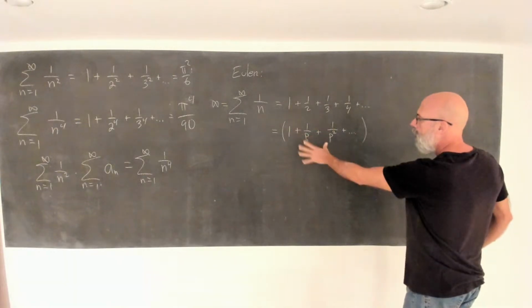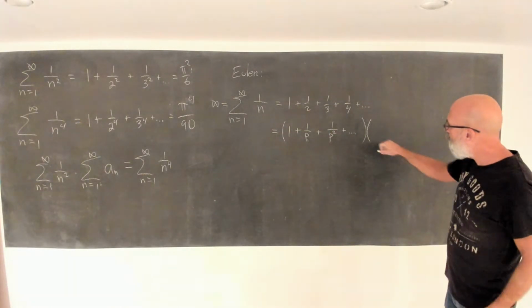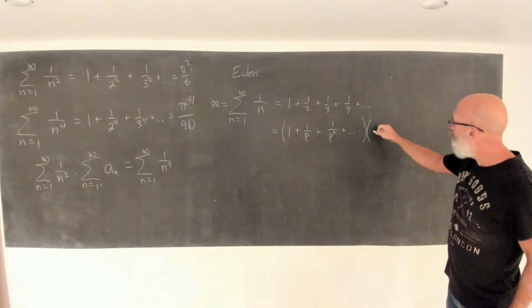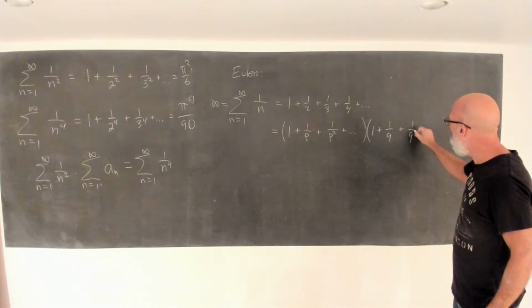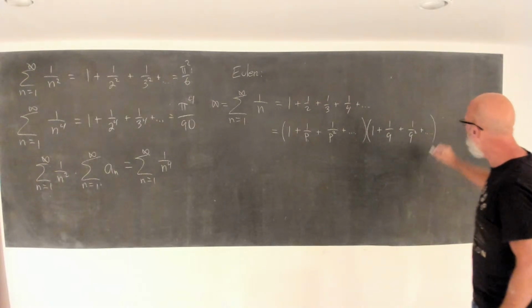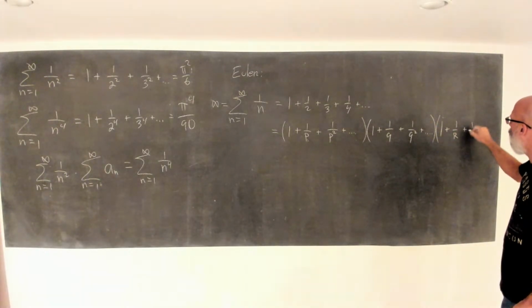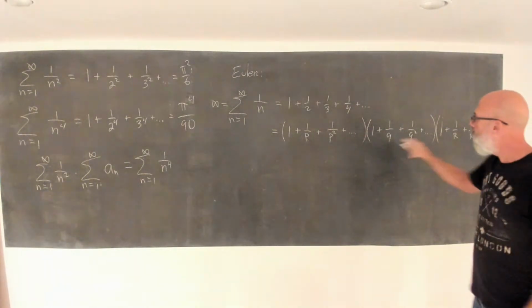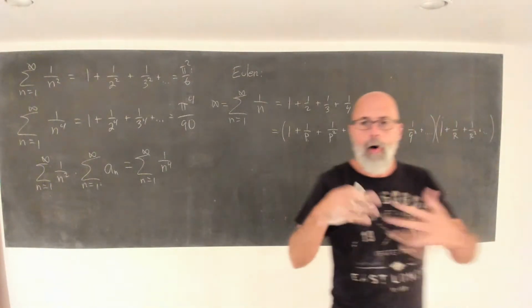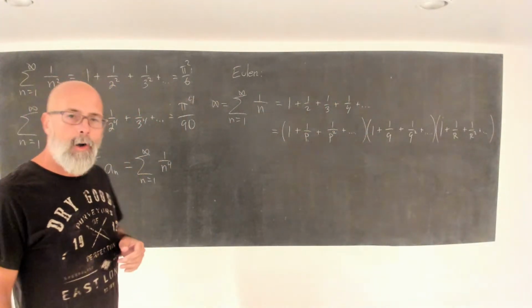Right? So here, look at the smallest prime, 1 over P and 1 over P squared, and multiply that by the next smallest prime, 1 over Q and 1 over Q squared, and so on, and 1 over R and 1 over R squared, where P, Q, R are all the primes there are.